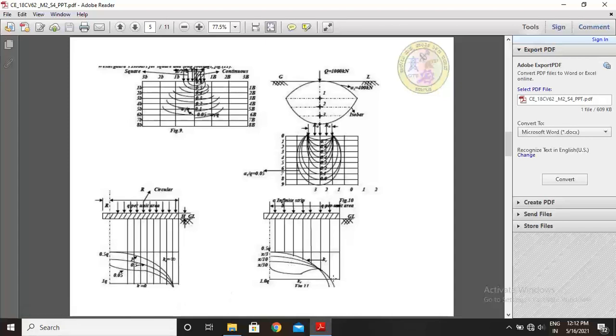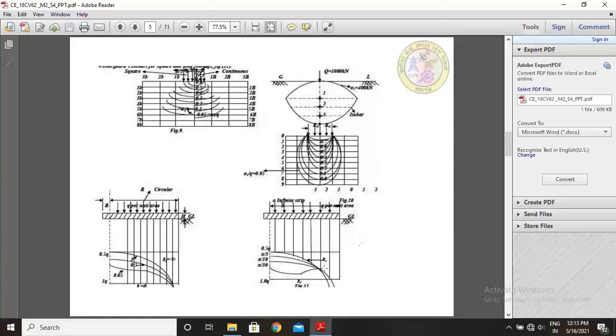See these diagrams. This is an infinite strip. Load is acting per unit area, that is Q, and these are the depths of the footings. We are considering from here to here, the depth is 0.5 times Q. Q is the surcharge load here. Next x by 3, x by 10, x by 3.